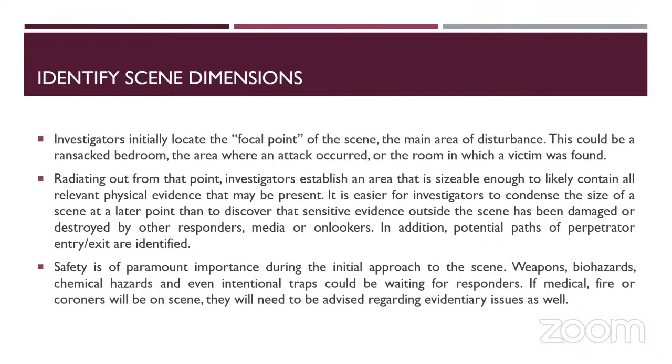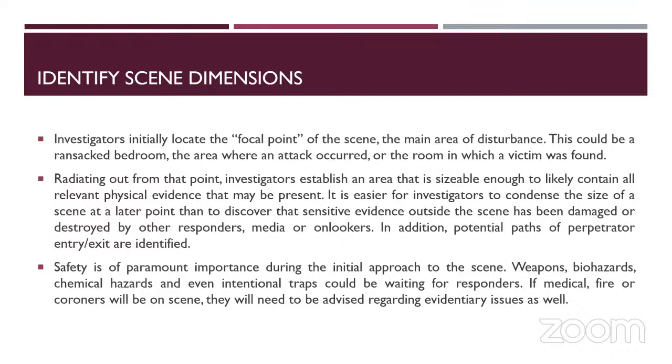And when we talk about a more vast area like an outdoor crime scene, we go through different methods like strip search or zone search, all those methods that we discussed.